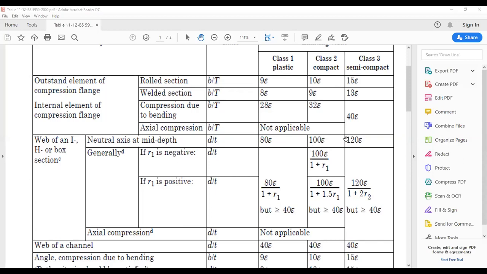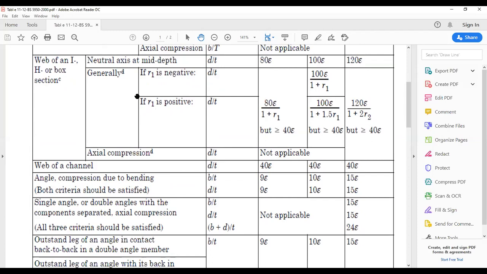And if 100 times epsilon is less than d over t, but less again than 120 times epsilon, automatically your section will fall under semi-compact. But if 120 multiplied by epsilon is less than d over t, automatically your section will be slender. Okay?